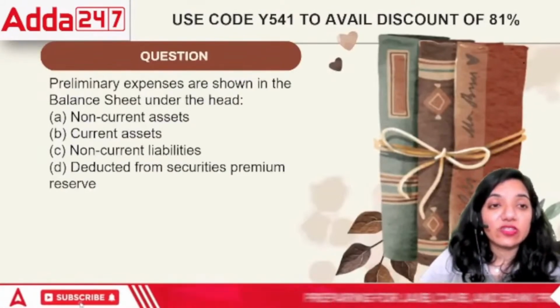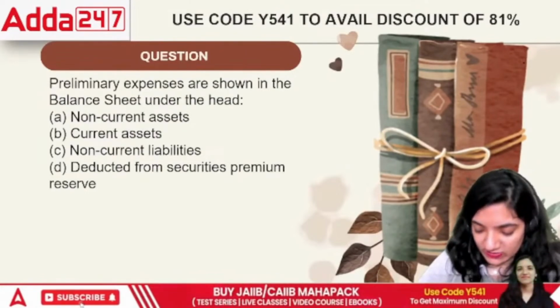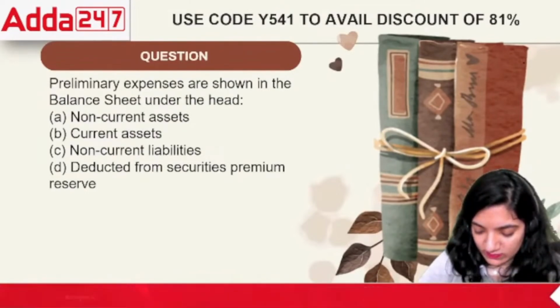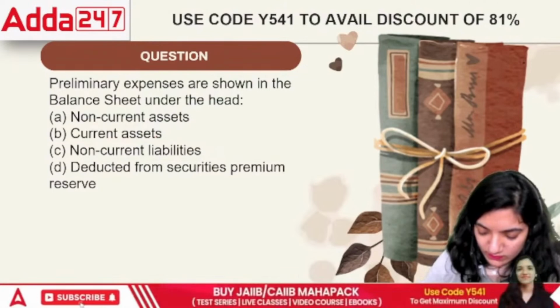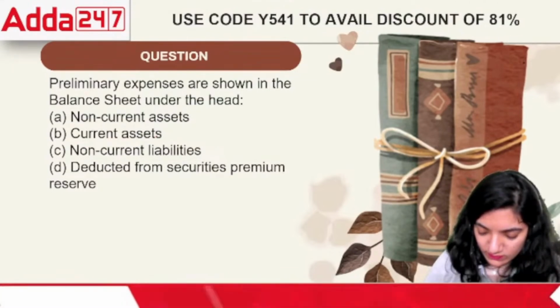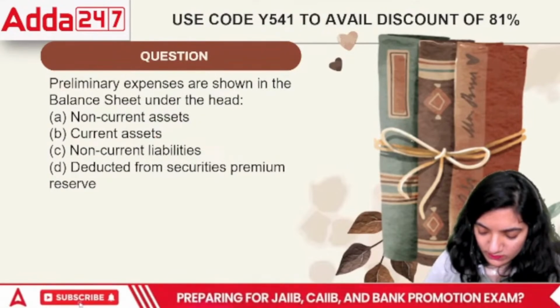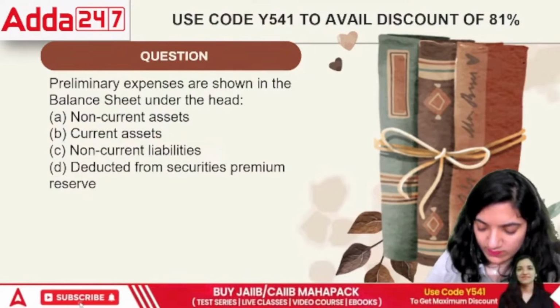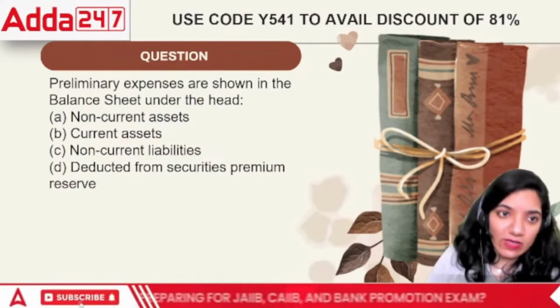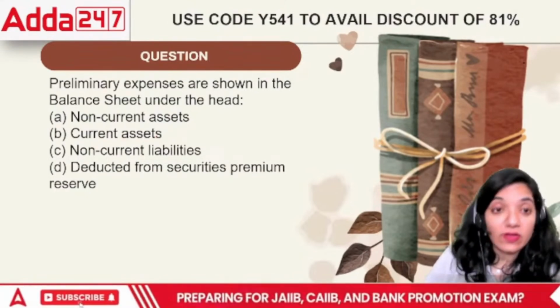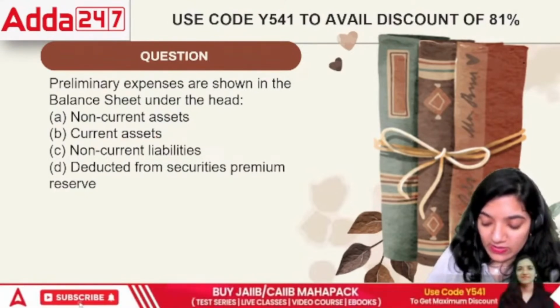Preliminary expenses are shown in the balance sheet as under, as non-current asset, current assets, or the non-current liabilities, or the current liabilities, everyone.